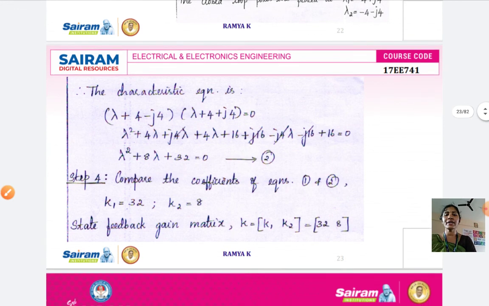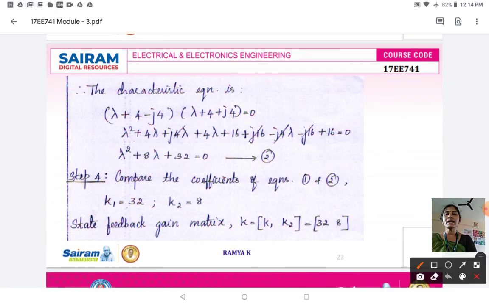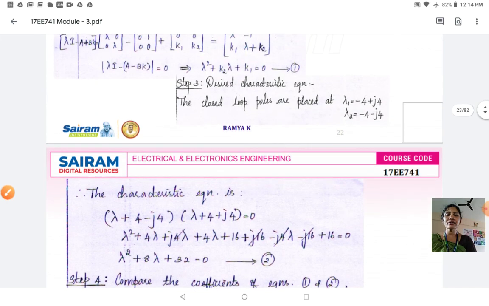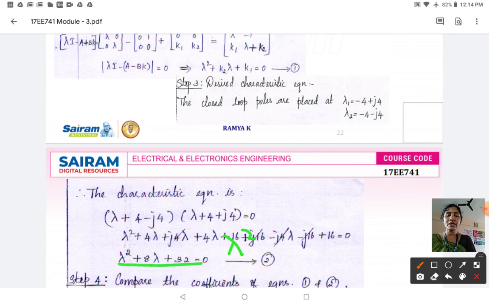Then I have to identify the desired characteristic polynomial equation from the given poles. When I multiply lambda plus 4 minus j4 into lambda plus 4 plus j4, I get the equation lambda square plus 8 lambda plus 32. This is my desired characteristic polynomial equation.